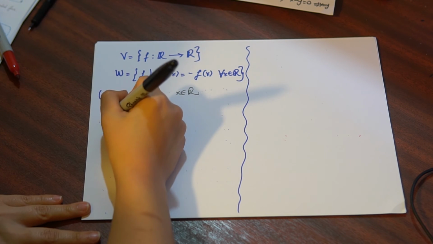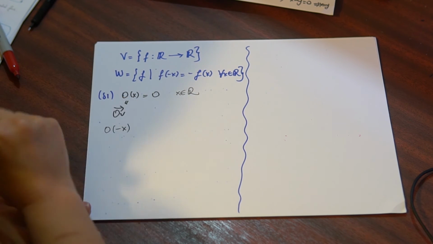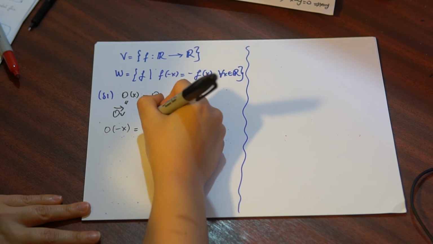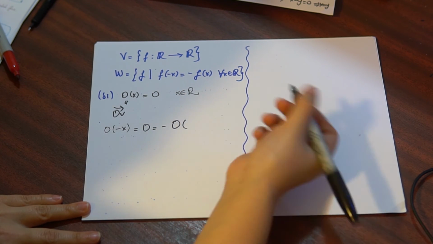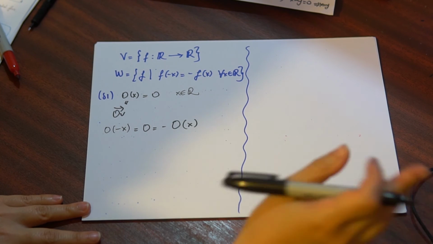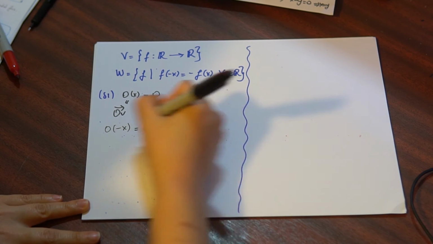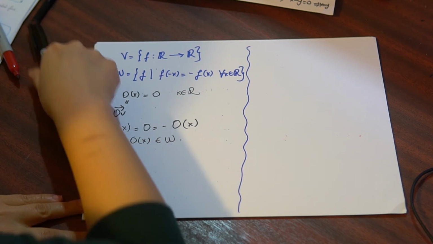Now we need to show that this is an odd function. 0 of minus x is equal to 0, and minus 0 of x again is 0. This sends everything to 0. So the zero function is inside W.